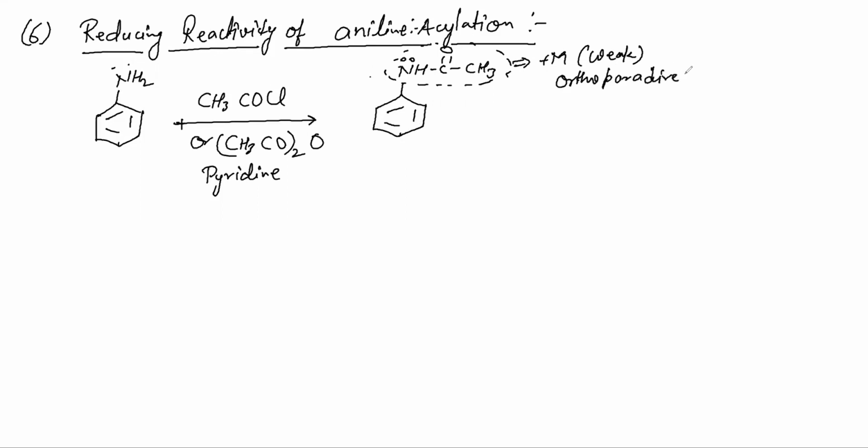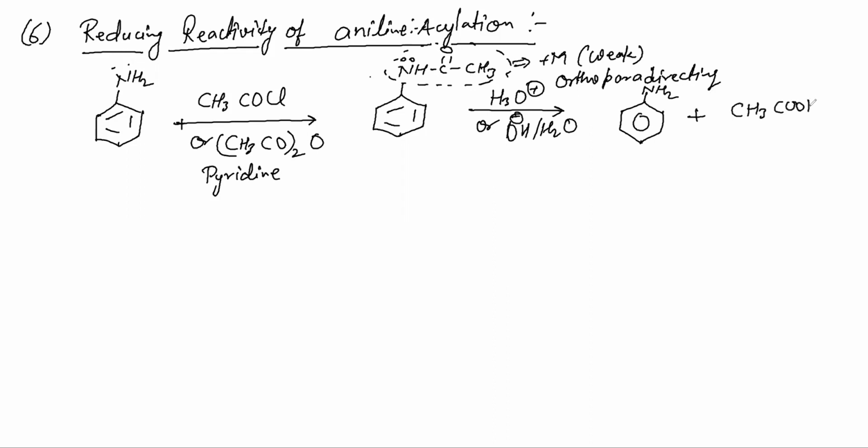Now once you have done this, a very special thing about this group is that whenever you want, we can get our aniline back. How? We just have to perform hydrolysis. Either you treat it with H3O+ or you treat it with OH-/H2O. You get NH2 back plus CH3COOH or CH3COO-, depending upon which medium you are using.